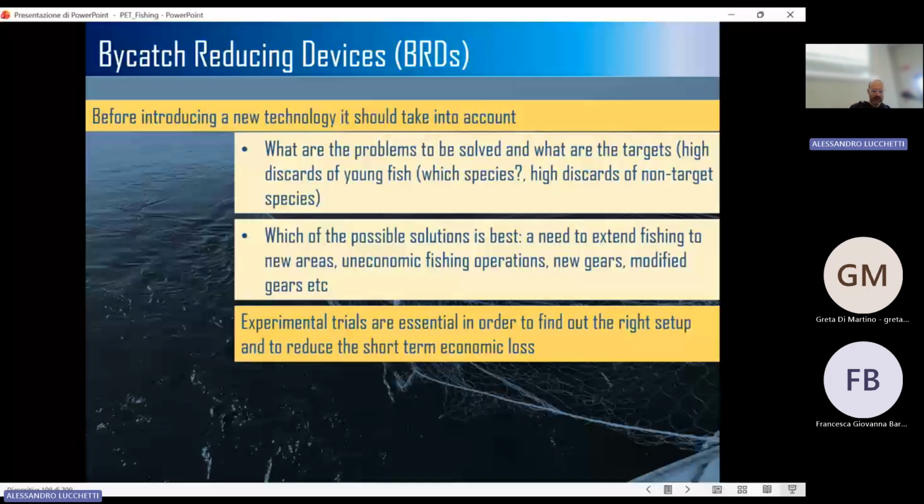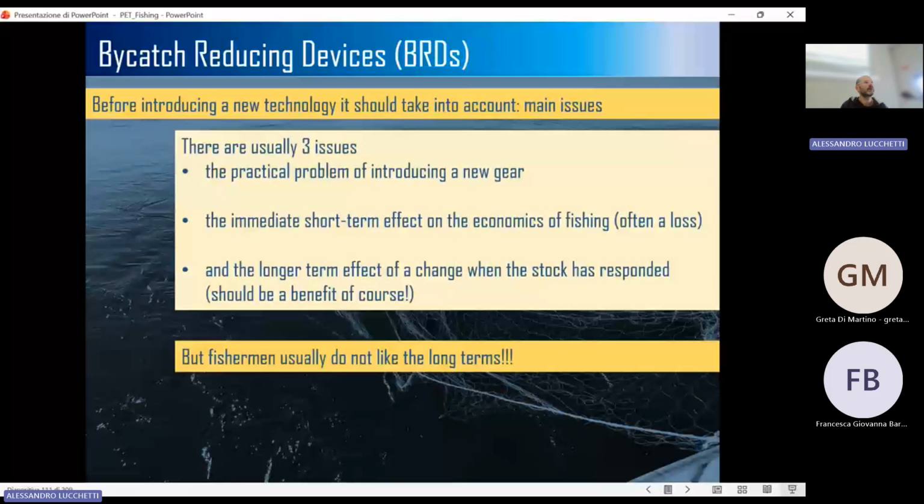Okay, I want to rush here because it's really detailed. But when you introduce a new device, you have to consider several practical issues. Certain solutions can be impossible for certain types of vessels, or simply because fishers have a different operational behavior. You have to consider the possible short-term economic loss, and you have to demonstrate the long-term economic gain.